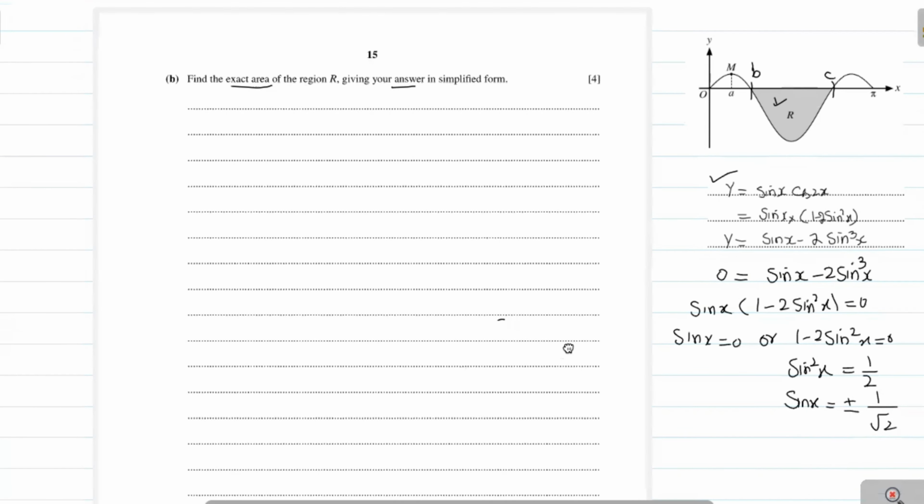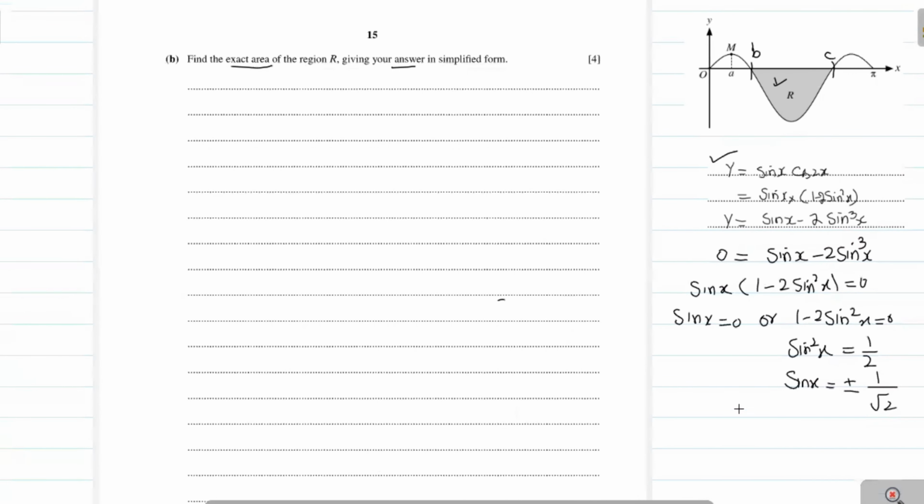Now we can write sine x will be equal to 0, so x equal to sine inverse 0, which is x equal to 0, and next sine x equal to 1 over square root 2, so x equal to sine inverse 1 over square root 2, and this value will be equal to pi over 4.